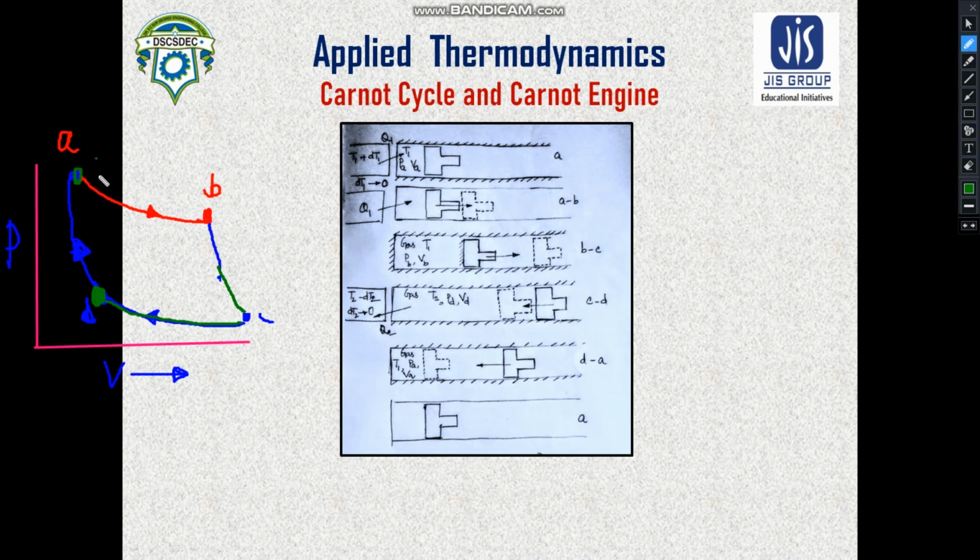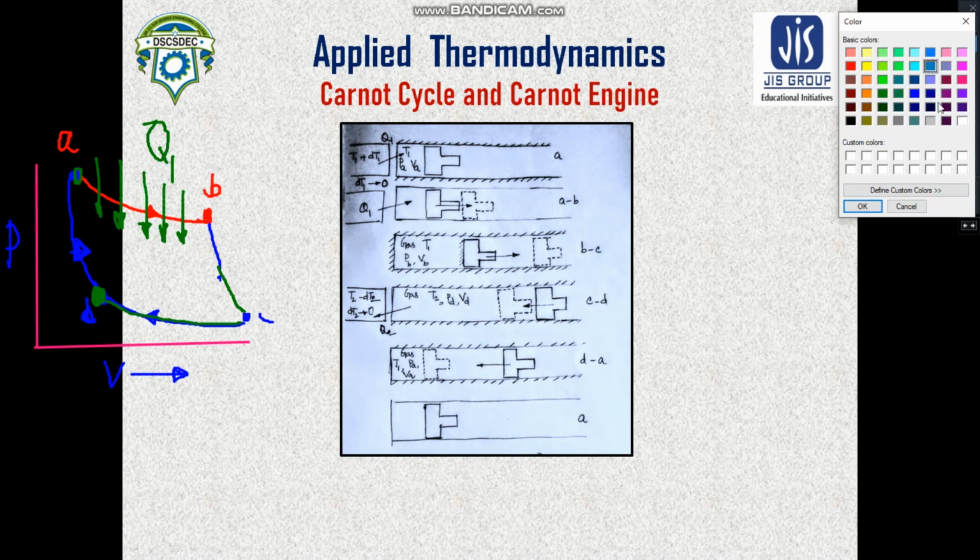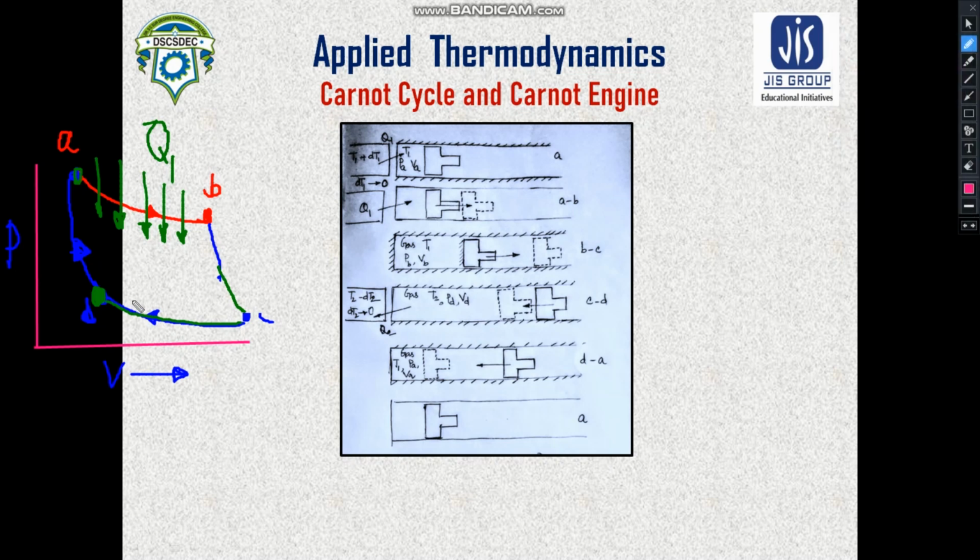So this is your first process, that means the reversible isothermal heat addition. That means heat is added here. Let us assume Q1 heat has been added here. Now this process, that means C to D, is the process of heat rejection.